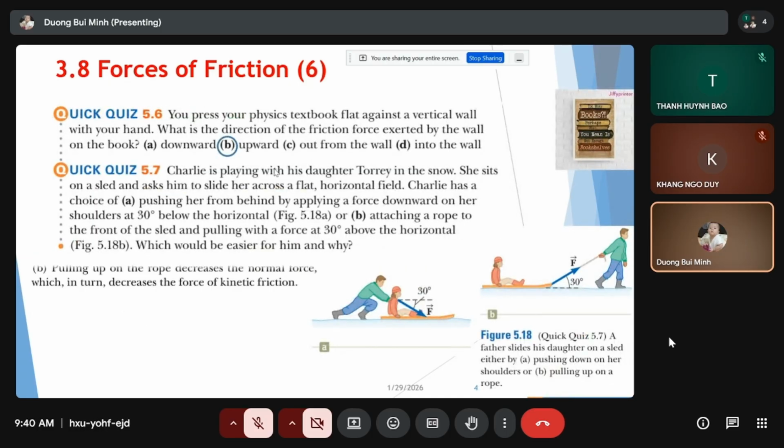Now we have some examples. We consider two cases. So we have the question: for case A or case B, which needs more magnitude of external force?